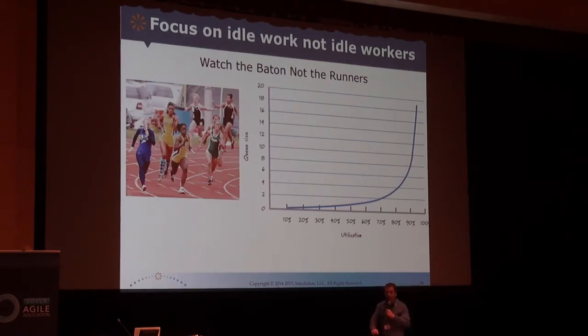If the baton ends up on the ground, that's the work that just got blocked. Usually sounds like this. My team's blocked. We can't move forward because I'm waiting on your team to do something. Until your team does this, we're blocked. Take our baton, walk over here, put it in their queue.